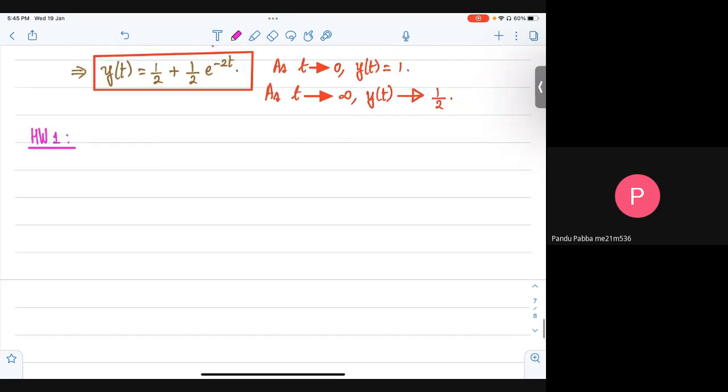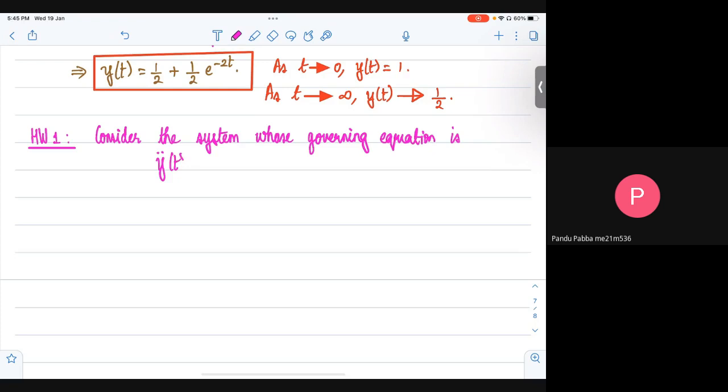So that brings me to your first homework. Please do this as homework and submit. Very simple problem. Let's say you consider the system whose governing equation is given by y double dot t plus 3y dot t plus 2y of t is equal to u of t.